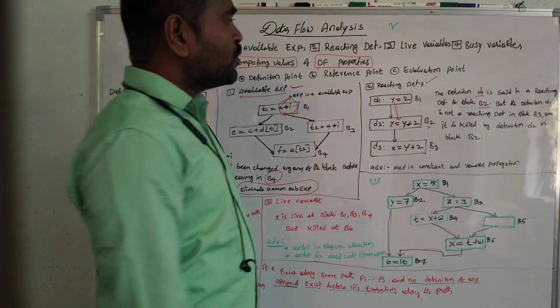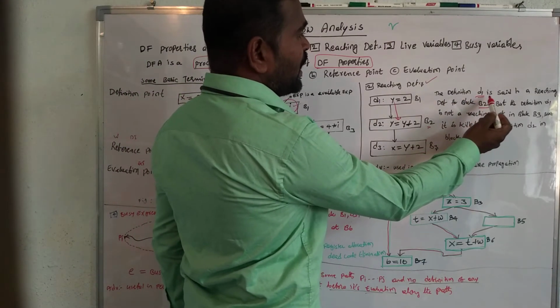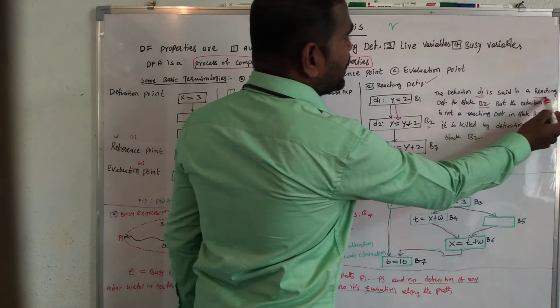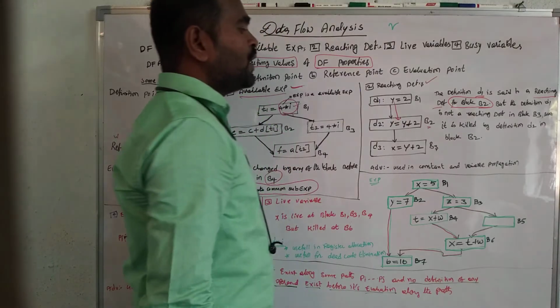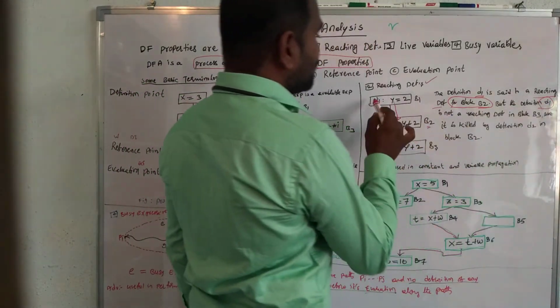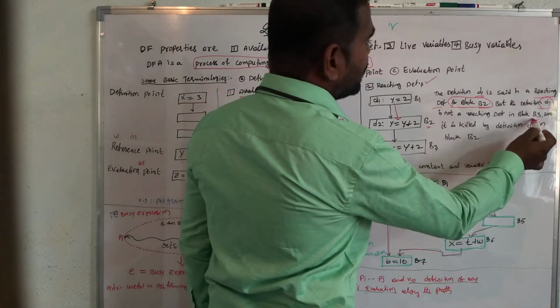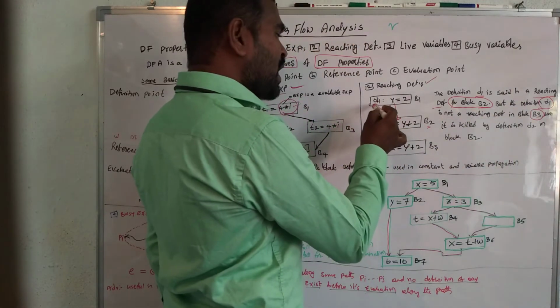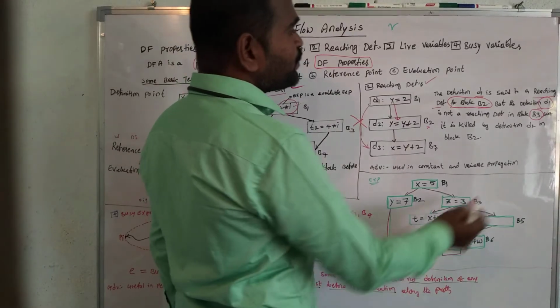So the definition D1 is set to reaching definitions for block B2, but the definition D1 is not reaching definitions in block B3. So it is not reaching definitions in B3. So why?